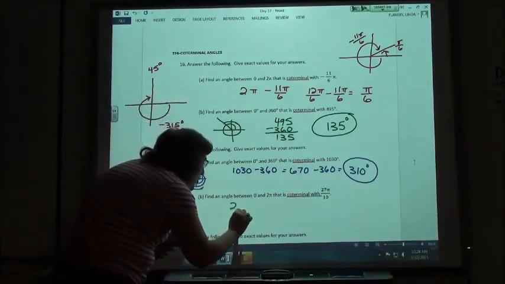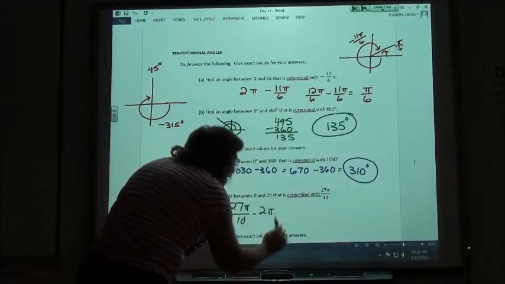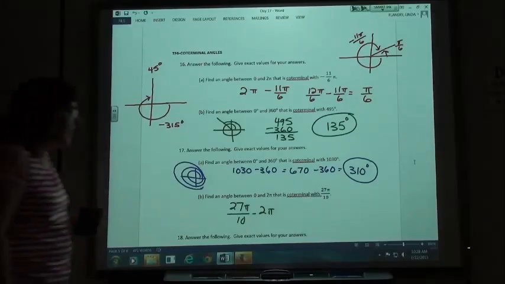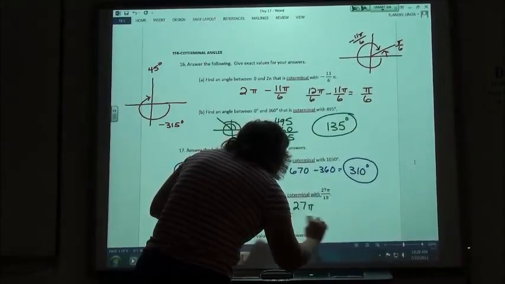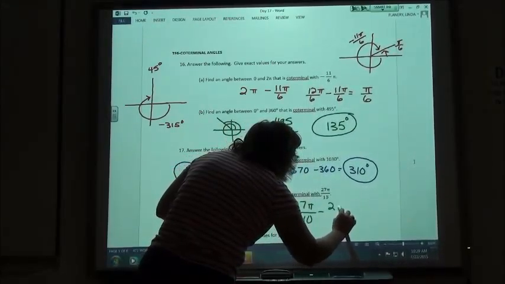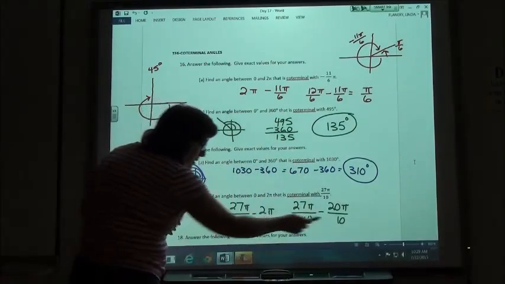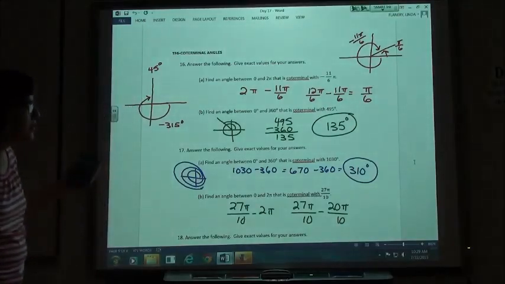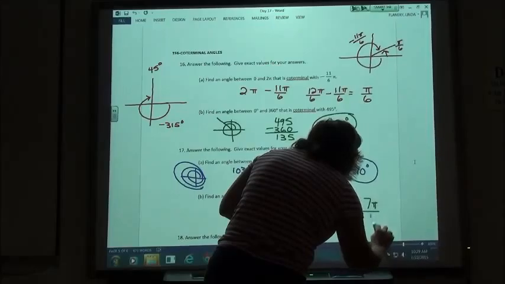So I'm going to take 27 pi over 10 and subtract 2 pi until I end up with something that's between 0 and 2 pi. In this case, again, I have to find my common denominator. So 27 pi over 10 minus 20 pi over 10, because 10 times 2 is 20. 20 tenths is the same thing as 2. So when I subtract, I get 7 pi over 10.